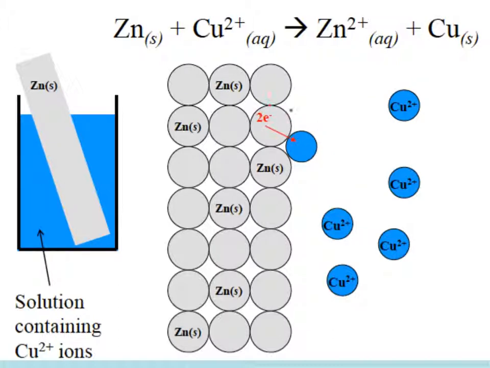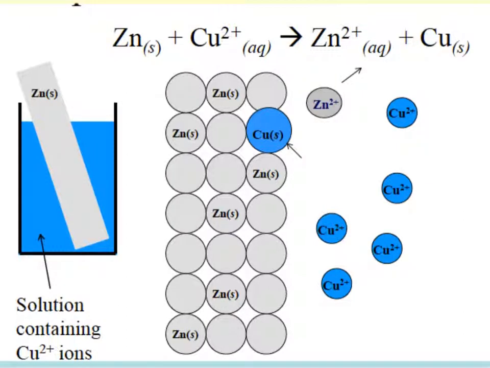When they do, 2 electrons are transferred to the copper, and the zinc is then going to become Zn2 plus. Because it is charged, it is now aqueous, which means it's dissolved in a solution. Because the copper gained the 2 electrons, copper now goes to its normal state, which is a solid. So it's actually what we call plating onto here, okay? So the zincs are leaving and the coppers are taking their places, essentially.